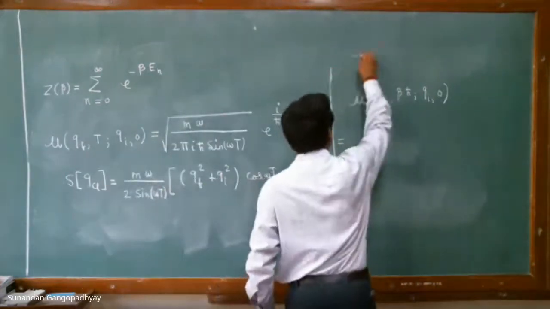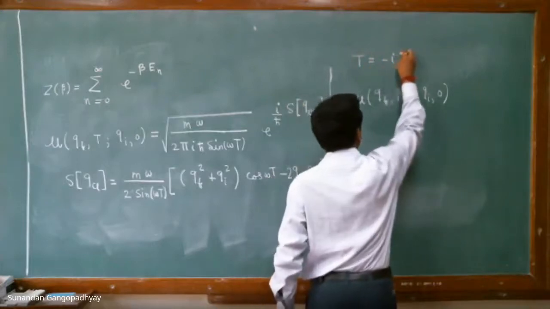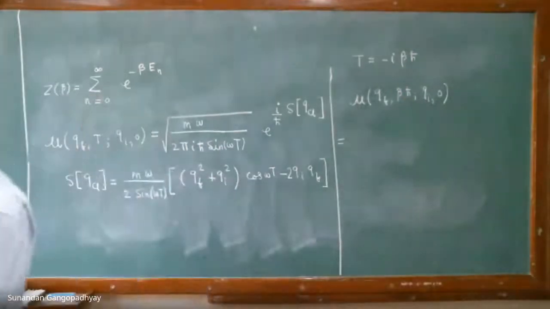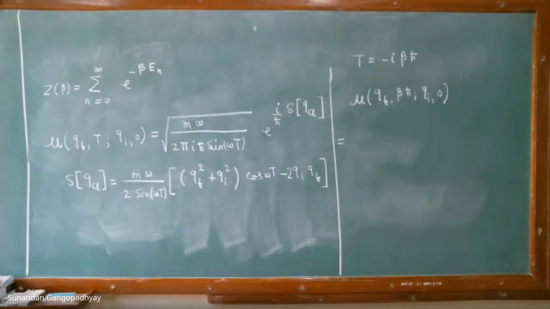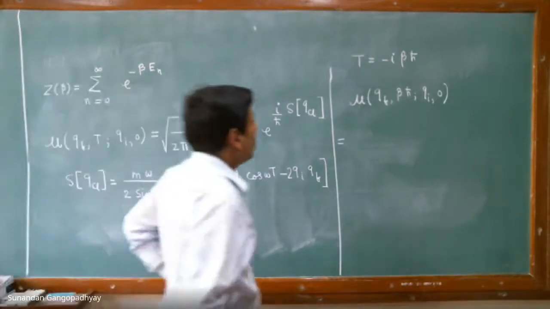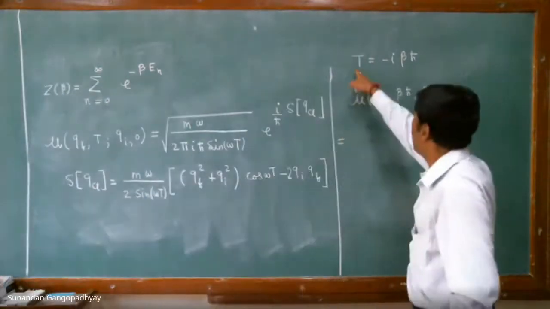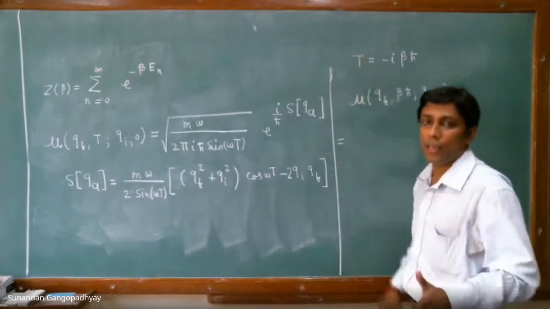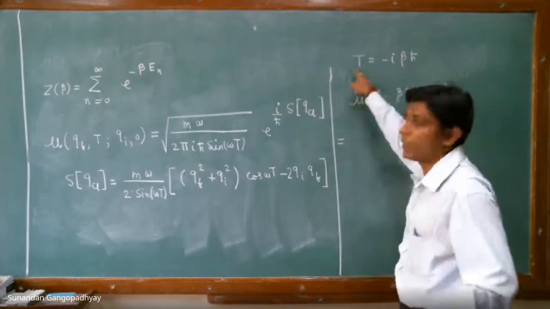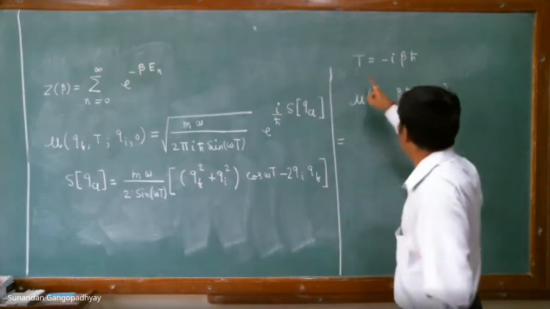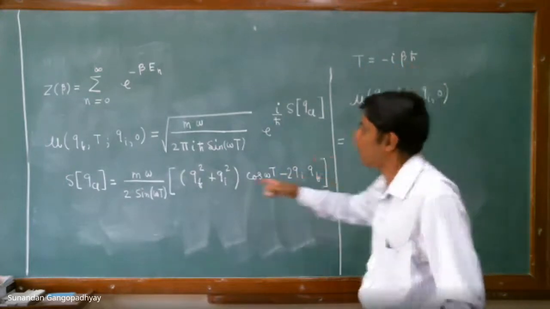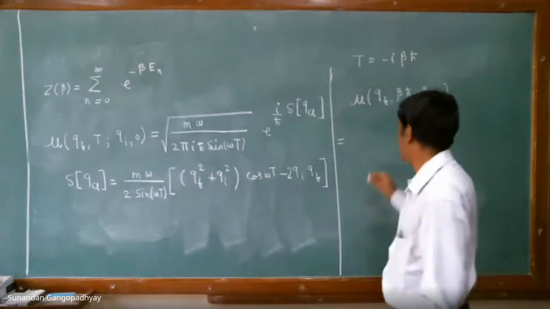Remember that capital T is equal to minus i beta h bar. So now we have gone to the imaginary time formalism, because this T is now analytically continued to the complex plane and therefore this is complex. Therefore, you just substitute capital T equal to minus i beta h bar in this result and see what you get.